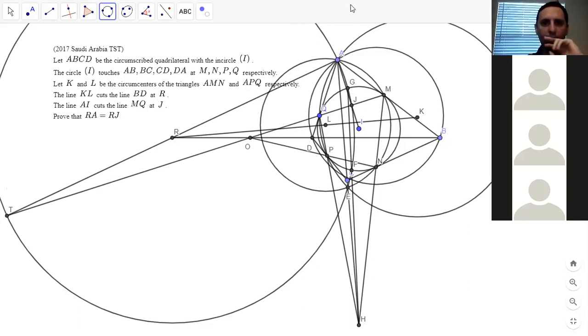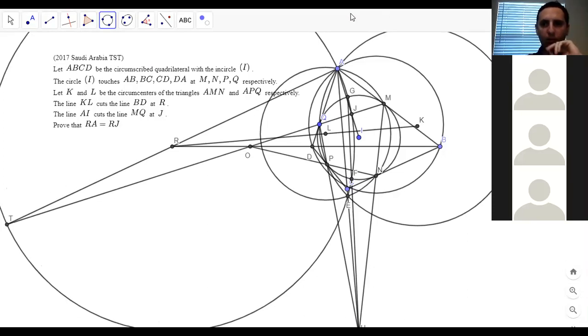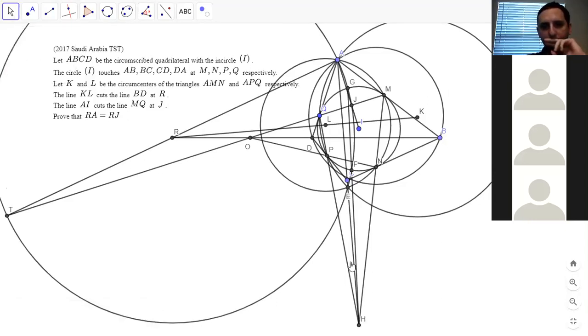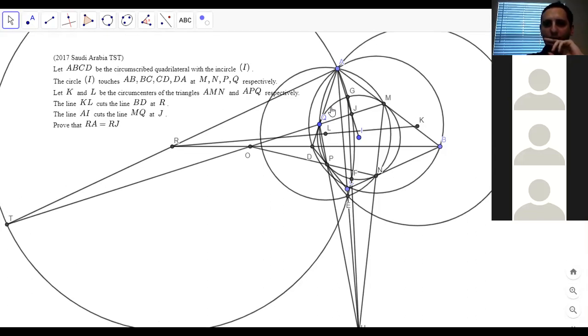Let's check the chat. We haven't used the fact that the incircle is tangent to ABCD. Well, I think we've used it a little bit, just not totally, because we needed to use it to show that H exists and that all these lines are concurrent. Yeah.